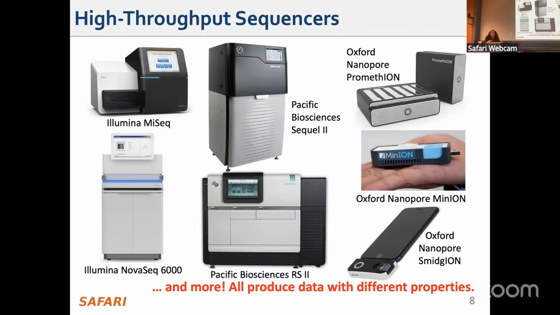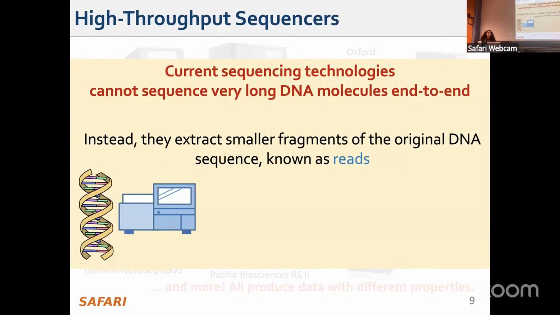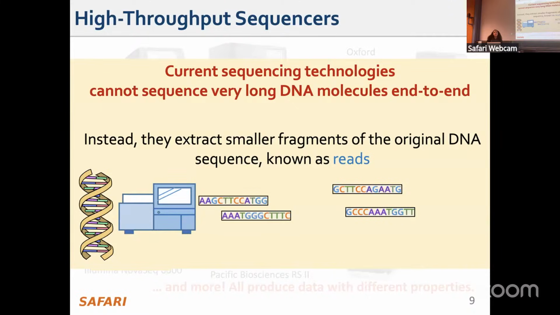They get the DNA molecules of organisms as input and give us this digital data as output so that we can computationally start analyzing it. But the current sequencing technologies cannot sequence very long DNA molecules end to end. So what they typically do is, if you have a DNA molecule as an input, the sequencer machine extracts smaller fragments of the original DNA sequence known as reads.